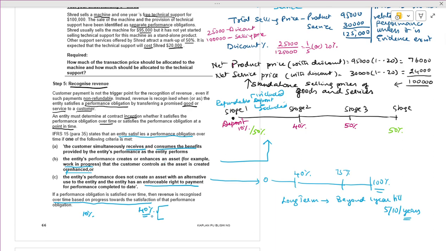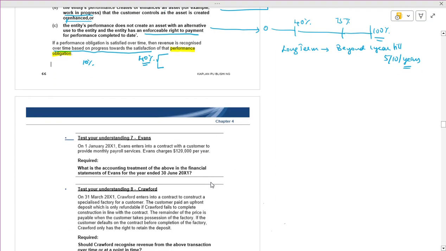Now, this 10% is applied to the full contract, but if you have only performed 40%, this 10% is applicable to 40% only, subject to the performance obligation. The most important thing is we should understand how the performance obligation will be understood and applied. This is where the concept will say.